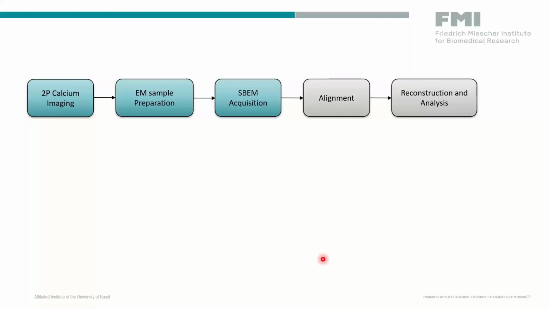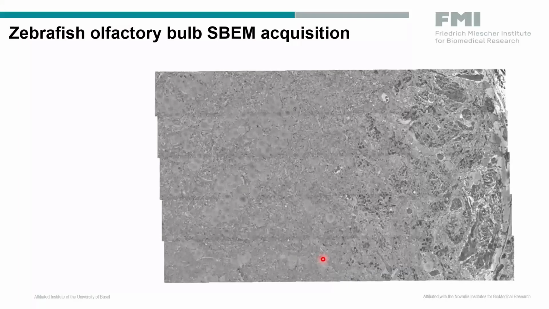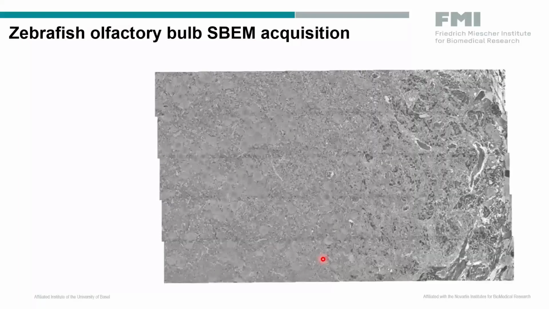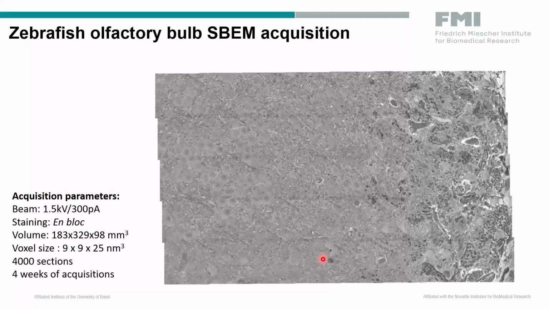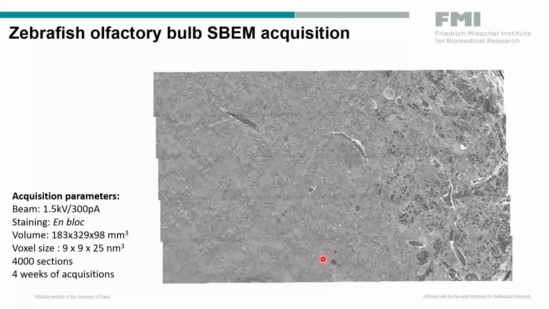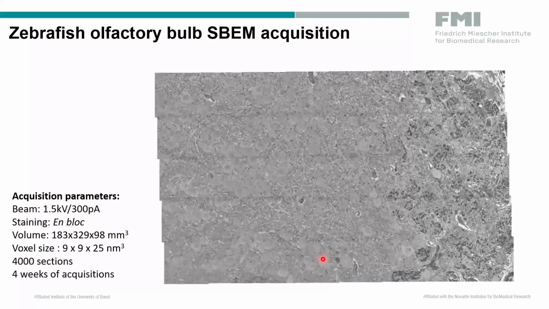Now we are ready for acquisition, and I would like to show you an example of a stack we acquired some time ago. This is olfactory bulb. The acquisition is 1.5 kV with a beam current of 300 picoamp.